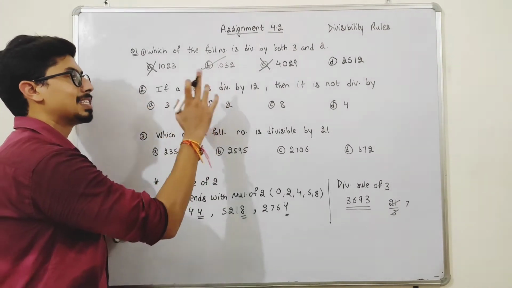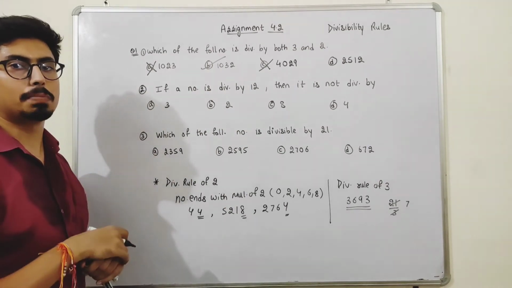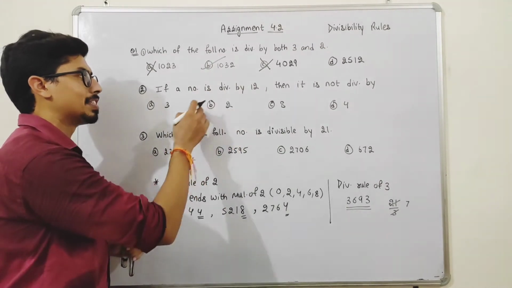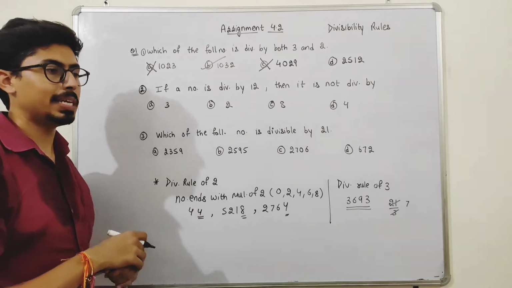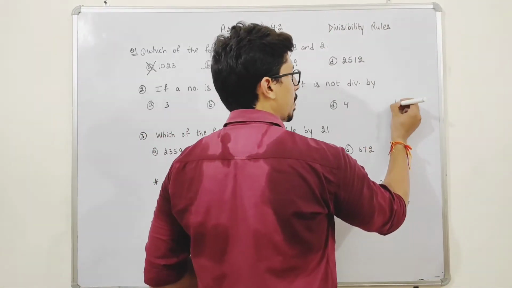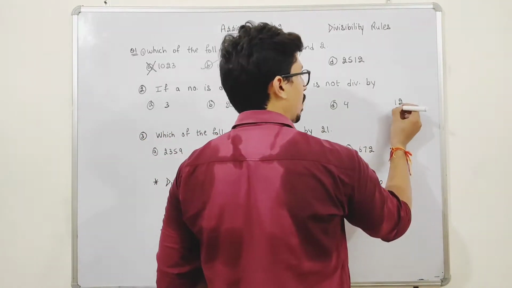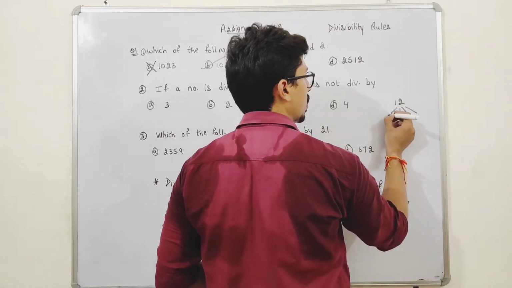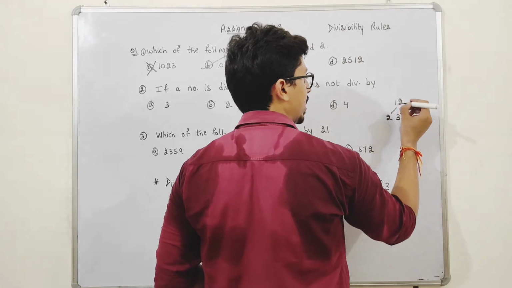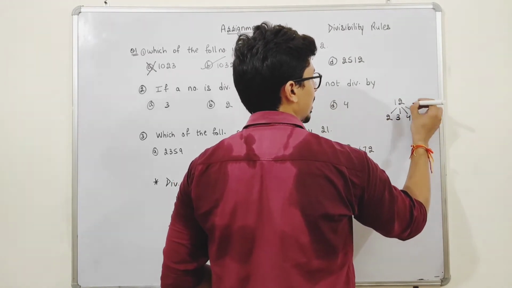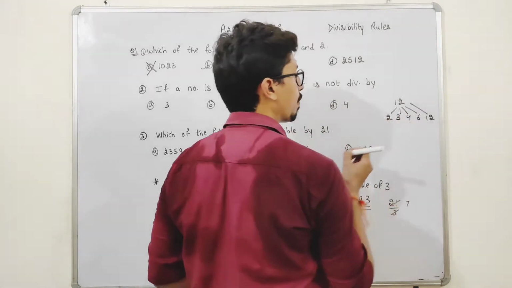If a number is divisible by 12, then it is not divisible by which of these numbers? See, students, if a number is divisible by 12, the factors of 12 are 2, 3, 4, 6, and 12 itself.